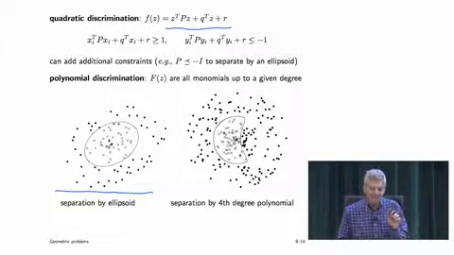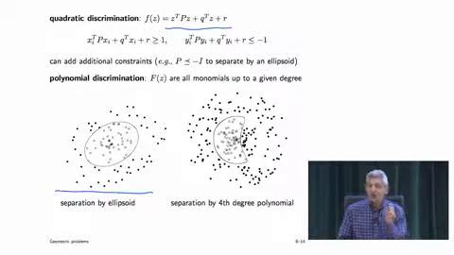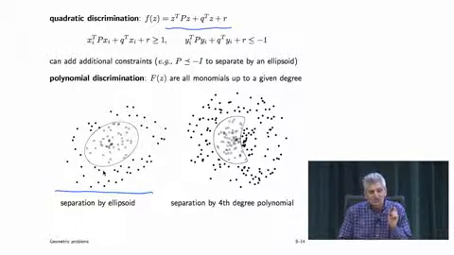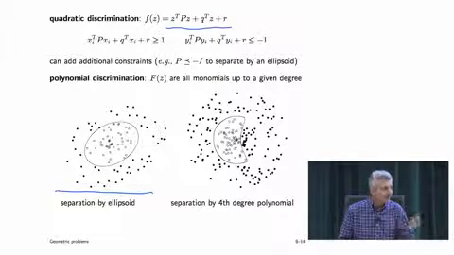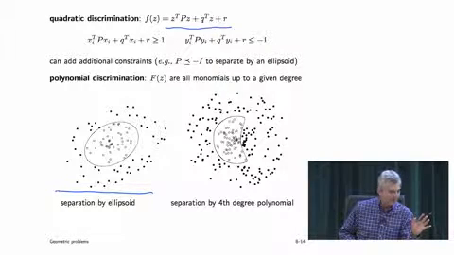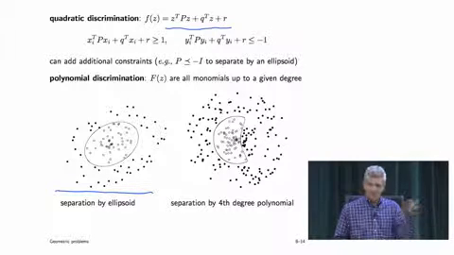quadratic separation. Now, quadratic separation by itself has no curvature constraint. So in fact, if you just do straight quadratic classification, you could actually be looking for a hyperbola that separates them. Everybody following this? Depending on what your data is, that could be completely reasonable and interesting.